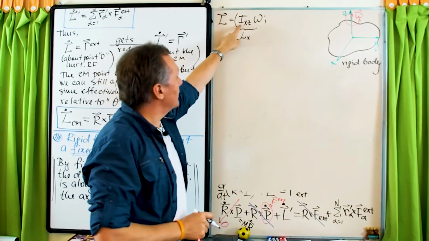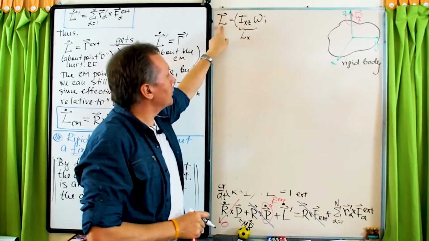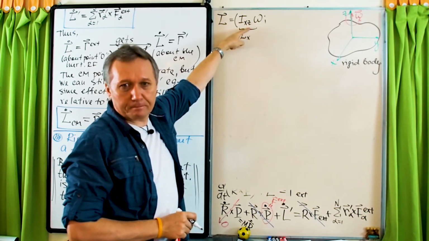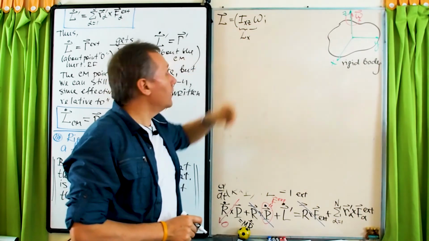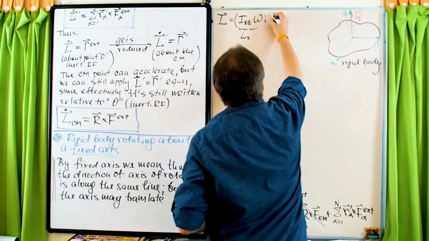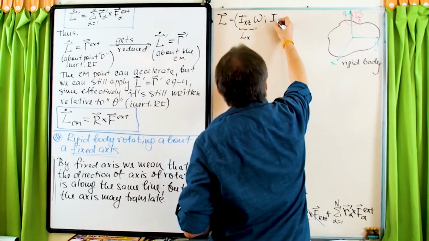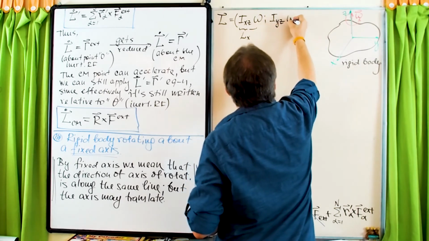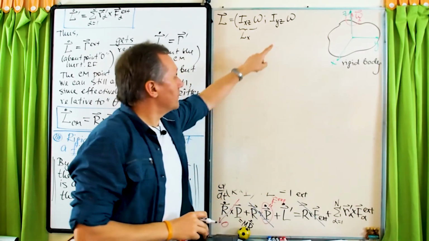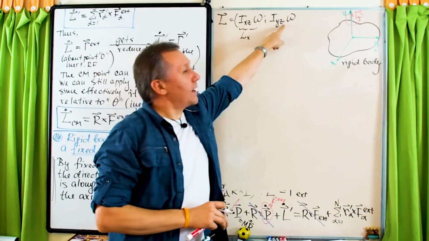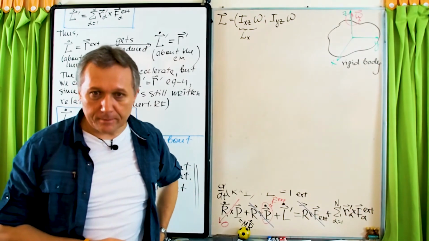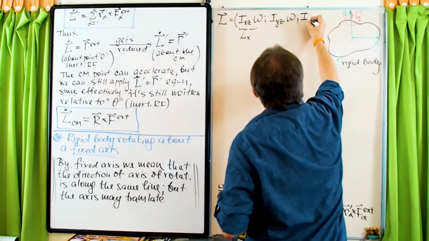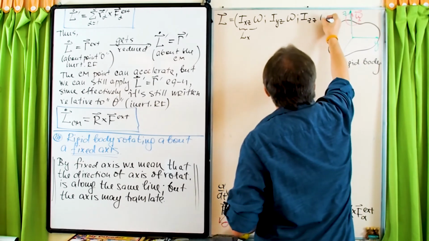Then the second, the y component, will be the product of inertia I_yz times omega. That gives us the y component of the angular momentum when the axis of rotation is along z. And the last one, the moment of inertia I_zz times omega.